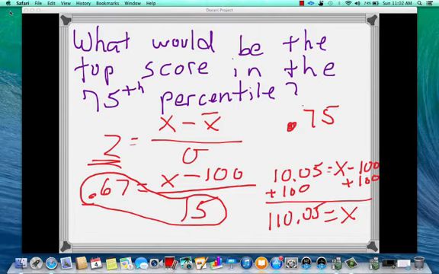Now, you've got to think this is going to be 0.67 standard deviations away from our mean. And since that's a positive z, obviously the score is going to be higher than our mean. So it kind of looked like this if I drew it up.